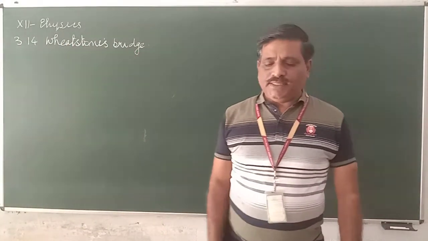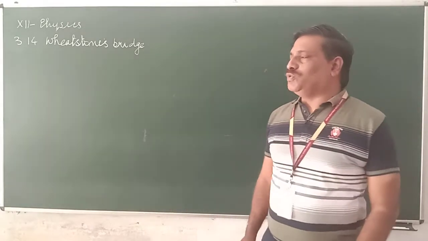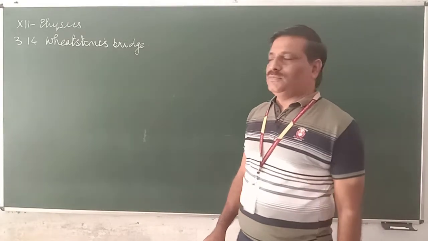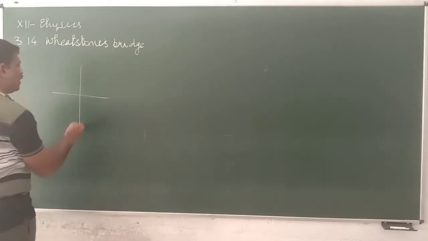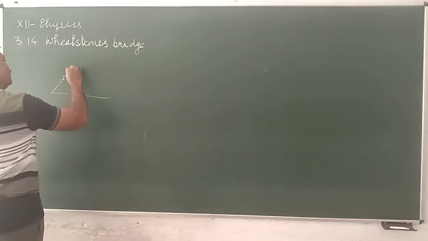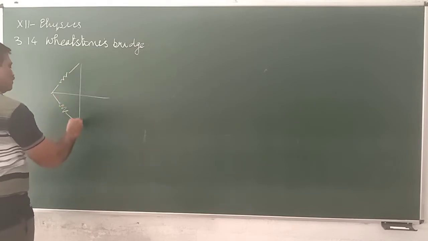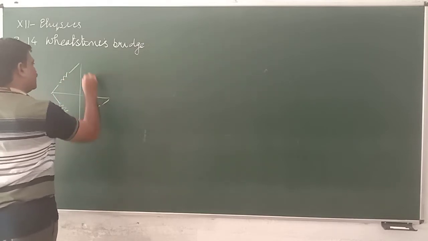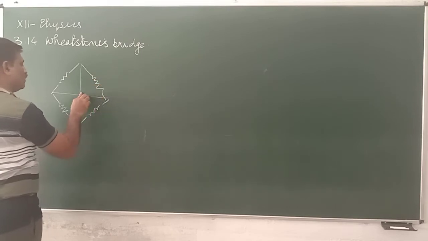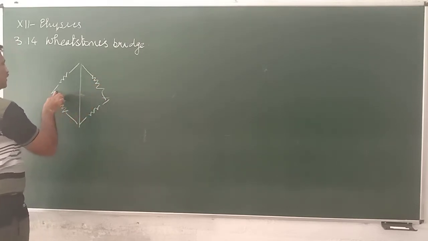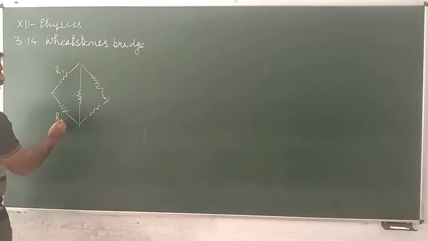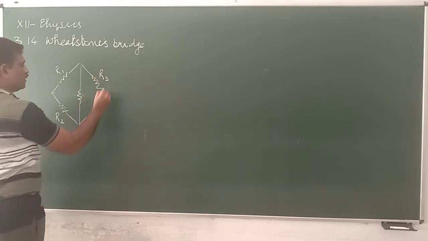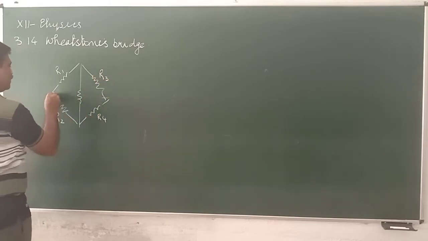Now, bridge itself indicates that it's a closed one. It consists of four arms. Whenever we talk about this bridge, it consists of four arms. So this is R1, this is R2, R3, R4.